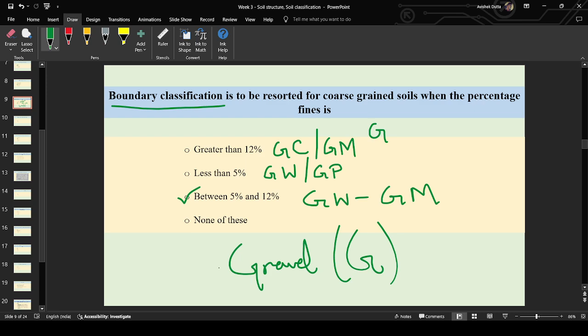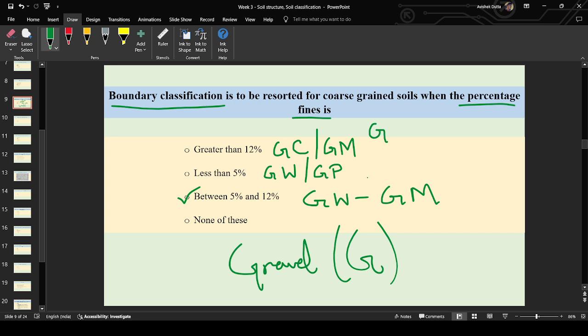If the weight of the silt or clay is less than 5%, then we will not take the silt or clay percentage into consideration while naming the soil. We'll just go with the gradation, whether it is well graded or poorly graded. So if the percentage fines is less than 5%, we can say if the soil is well graded, GW, well graded gravel, or it is poorly graded, GP, poorly graded gravel.